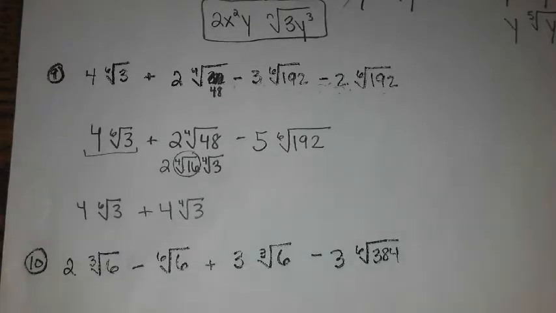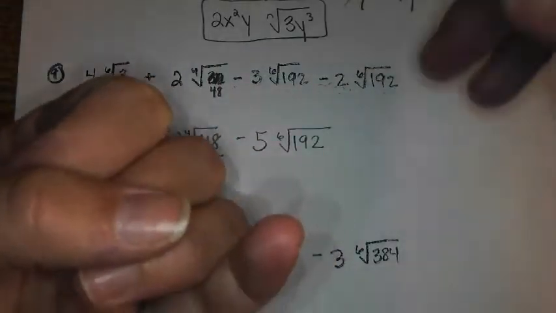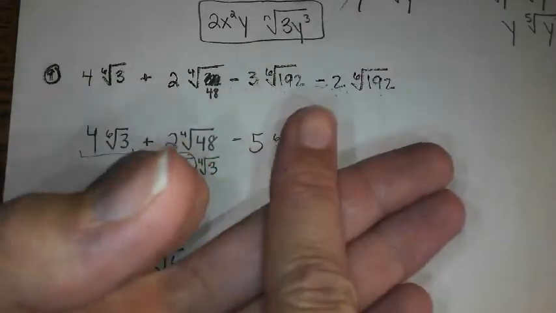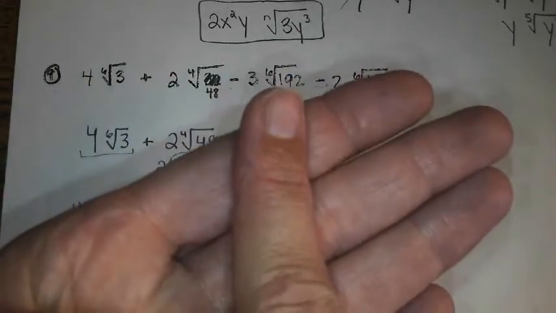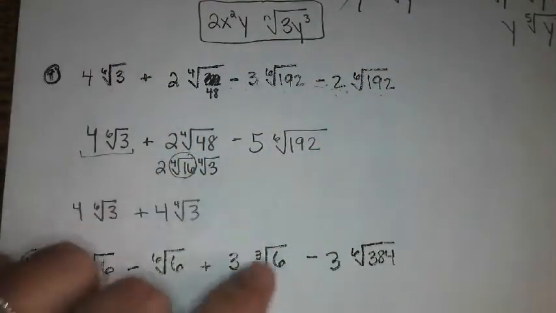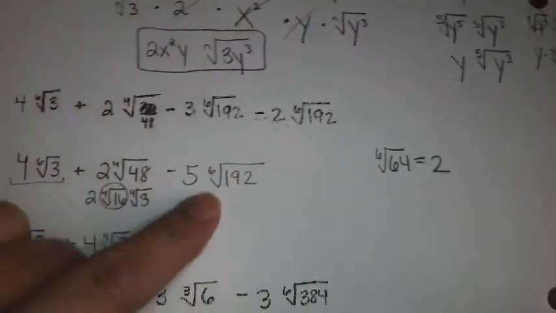And on the last one, I'm looking for a perfect power of 6. Okay, here I go counting on my fingers again. I'm going to see what 2 to the 6th power is first. 2 times 2 is? 4 times 2 is? Times 2 is? Times 2 is? Times 2 is? 64. So 64 has a 6th root. The 6th root of 64 is 2.